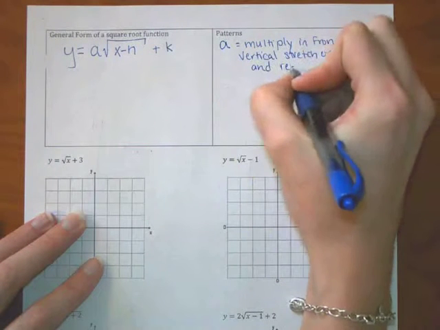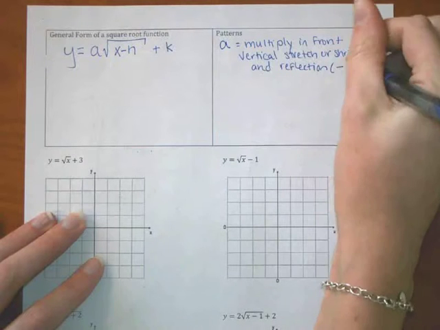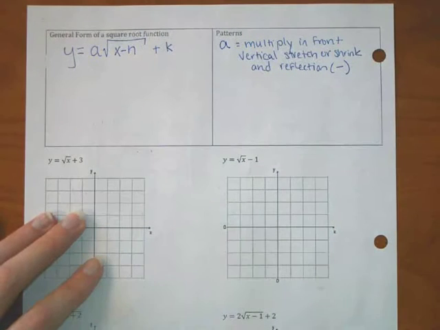And when is it a reflection? When it's negative. So we'll put negative. And do we know when it's a stretch versus when it's a shrink? Okay, there's a cutoff point. Do we know where that is?